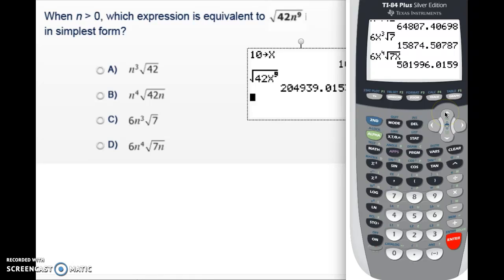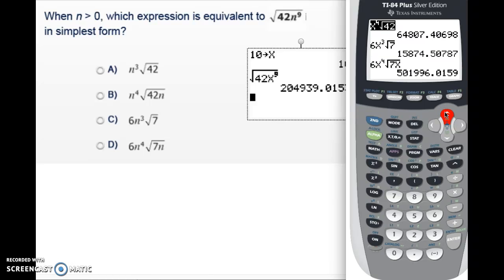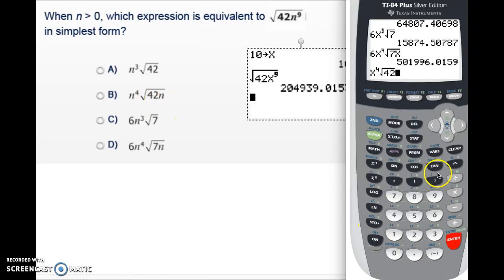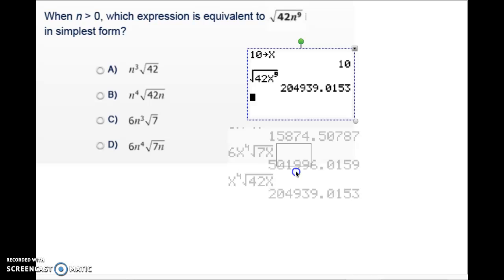So what I have to go back and now look at is which one I typed in incorrectly. So x to the 4th, right there, I went typing too fast, and I just typed in an x to the 4th square root of 42. So let's bring this one down, and let's make sure we have a 42x there, and that's my answer.